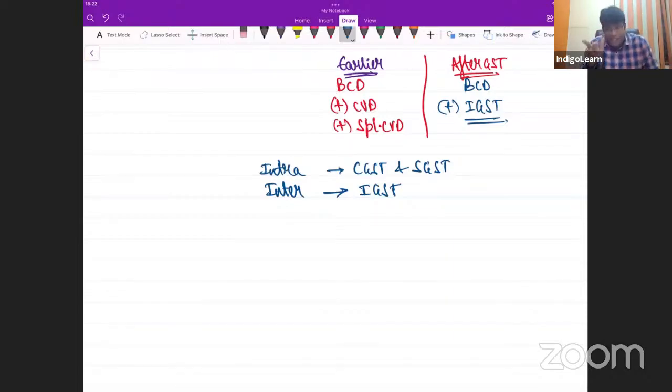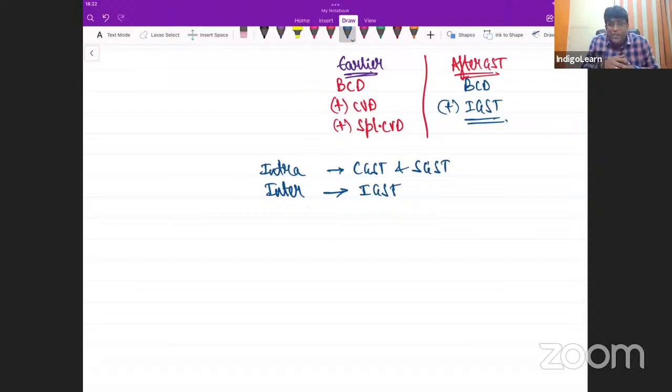Intrastate supply and interstate supply. For intrastate supply, we charge CGST and SGST. For interstate supply, we charge IGST. So I repeat, prior to GST, in case of imports, they used to charge BCD plus CVD plus special CVD. But after GST has come into picture, they started charging only BCD plus IGST.